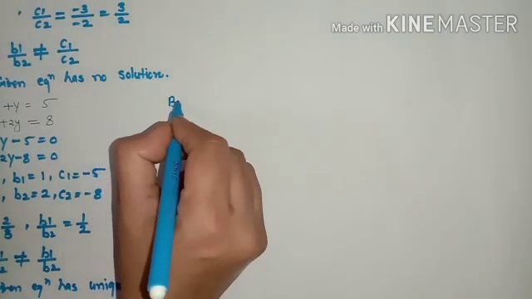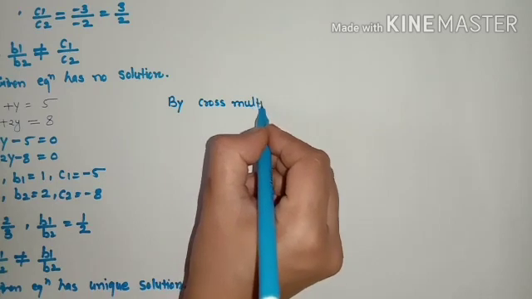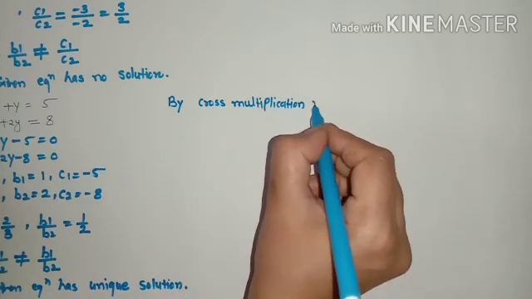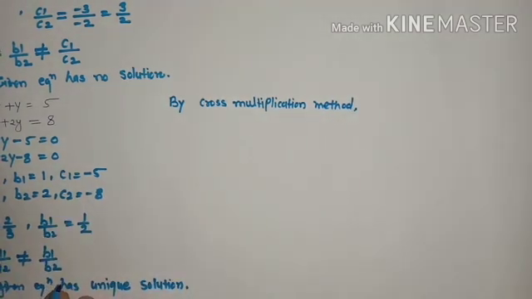So by the cross multiplication method, how will we solve this question?